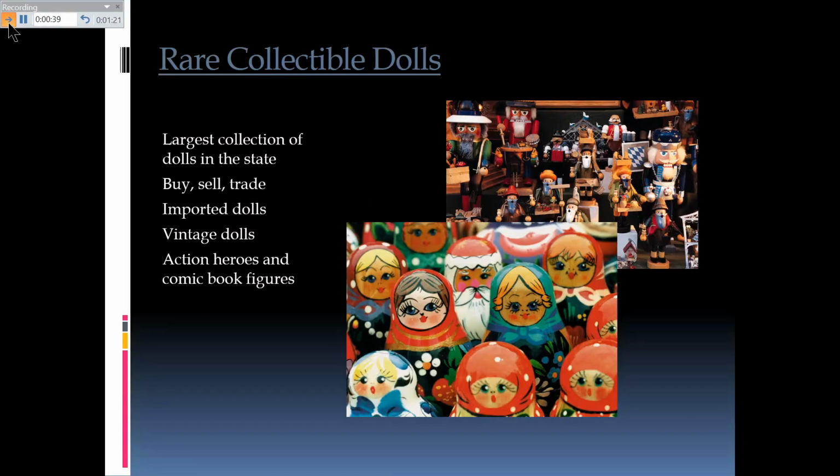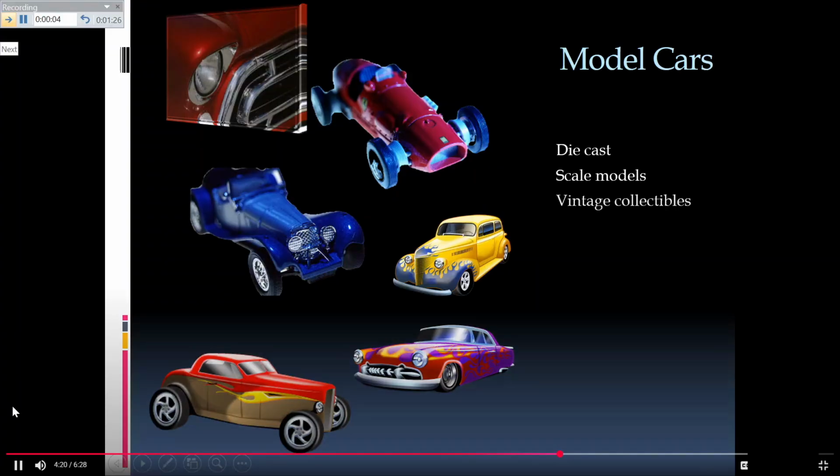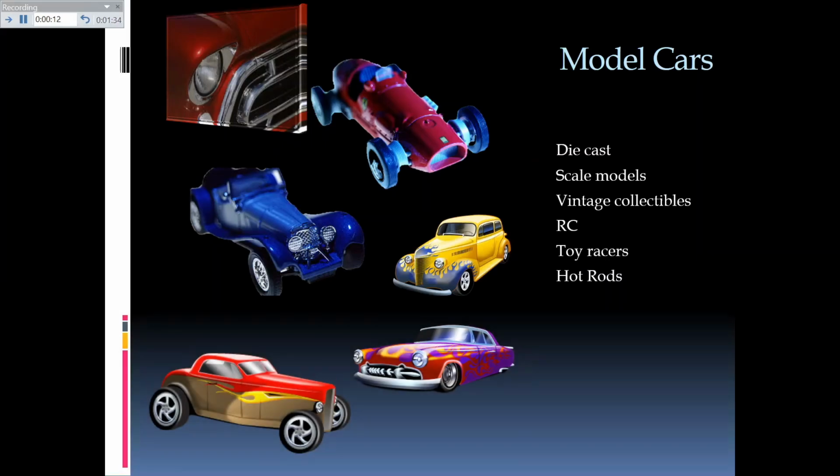Click Next from here. Model cars, die-cast, scale models, vintage collectibles, RC, toy racers, hot rods. Give the audience members time to look at the cars. Click your Next button to advance.